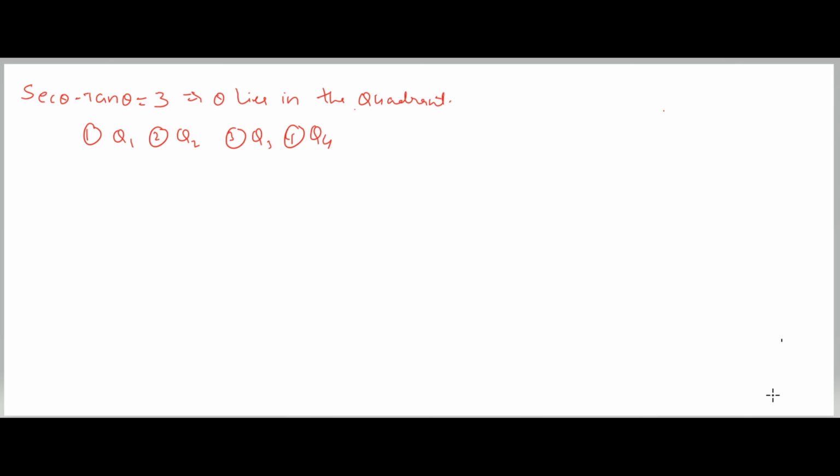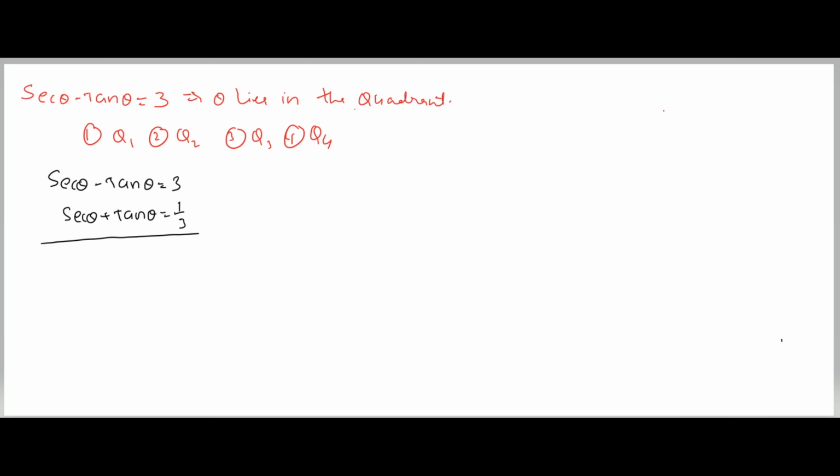If secant theta minus tan theta is equal to 3, then theta lies in the quadrant. So here is given secant theta minus tan theta is equal to 3. Now we find the value of secant theta plus tan theta, that is equal to 1 by 3.